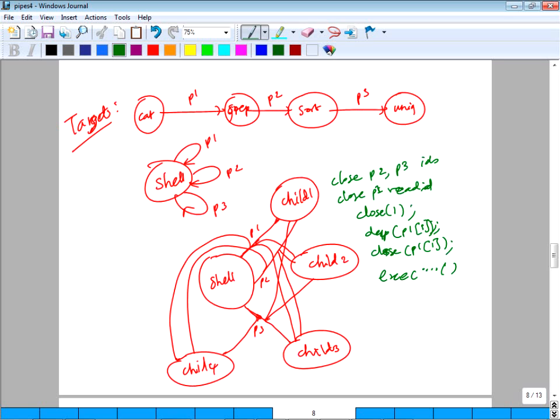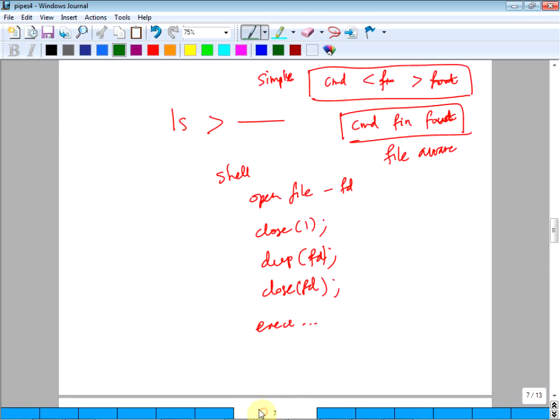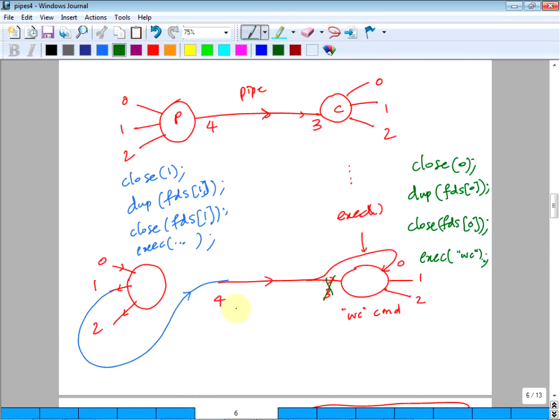So let's say you do this example, right? When you create the first pipe, you get the descriptors 3 and 4. 3 is for reading, 4 is for writing. That's what you get for the first pipe. Why? Because 0, 1, 2 are already open.